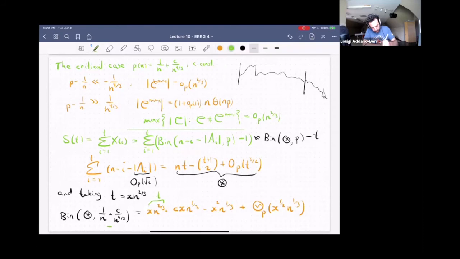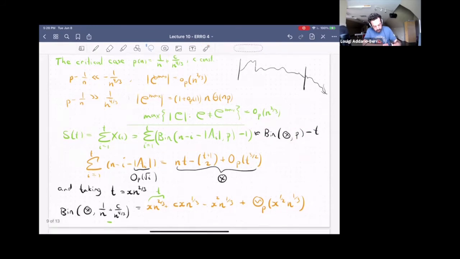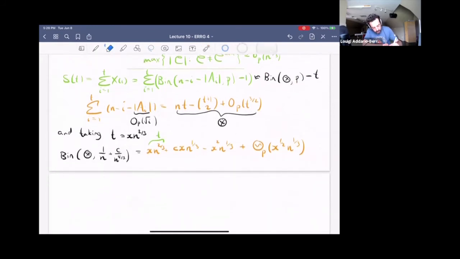So if we remember that our process S looked like this binomial minus t, that's telling us that S of t looks something like, in all of the other terms we have an n to the third popping out, you see.